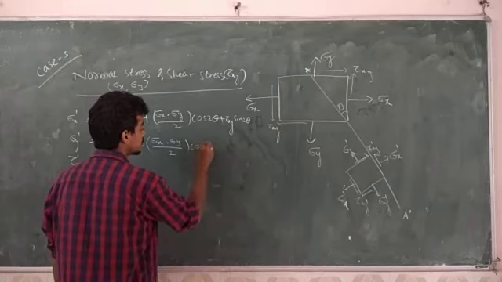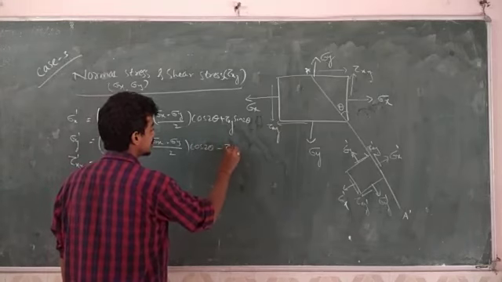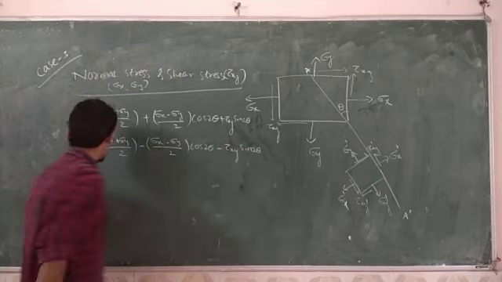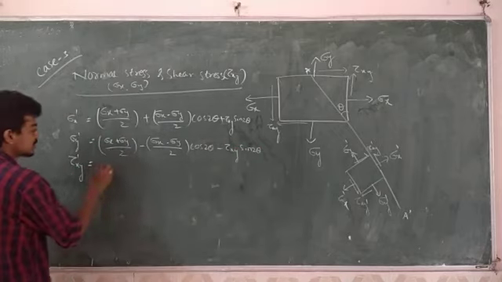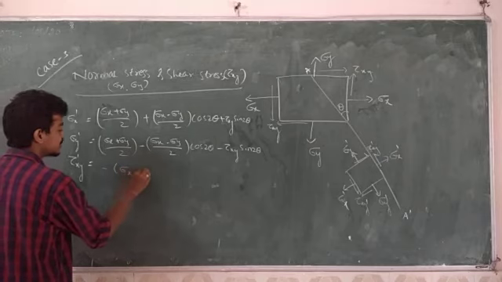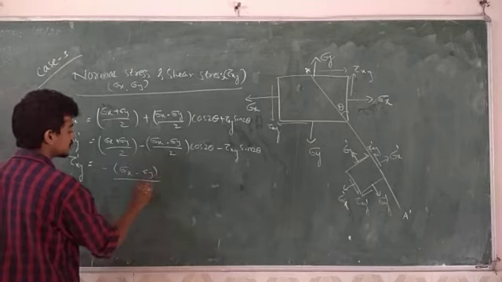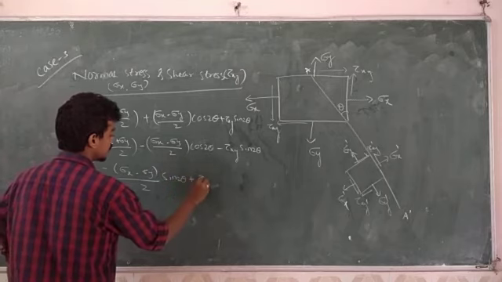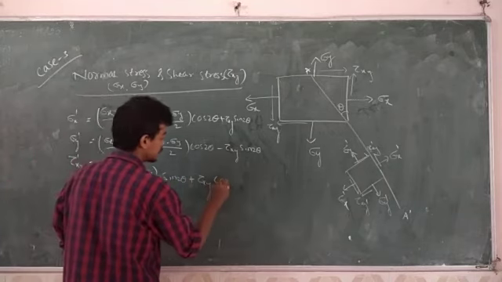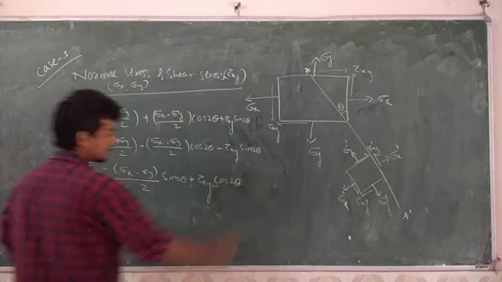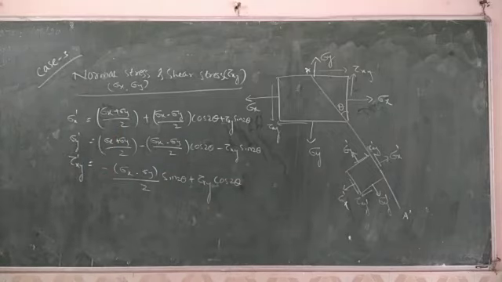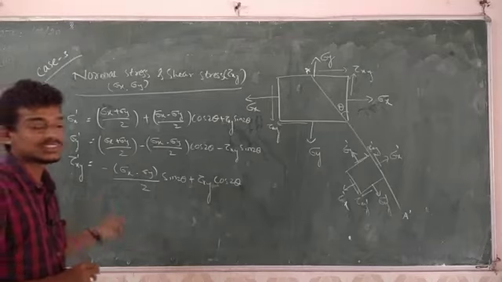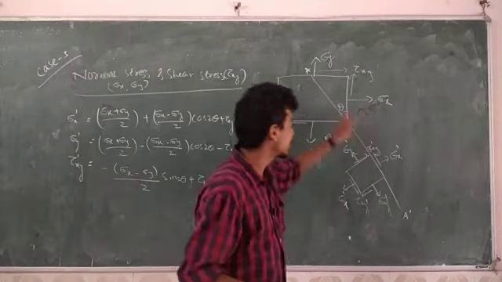Cos 2 theta minus tau xy sin 2 theta. Tau xy dash is also the same as what I wrote previously: sigma x minus sigma y by 2 sin 2 theta plus tau xy cos 2 theta. Okay, clear?